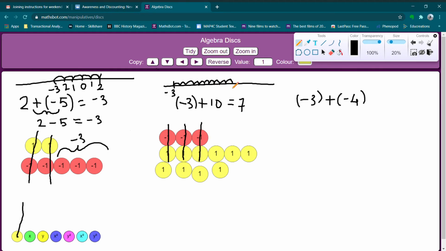If you do that, you will go to 7. How do I know that? Let's count here. Minus 3, minus 2, minus 1, 0, 1, 2, 3, 4, 5, 6, 7. Now the same problem, you can remove this bracket and write it like this. It is the exact same problem as before.